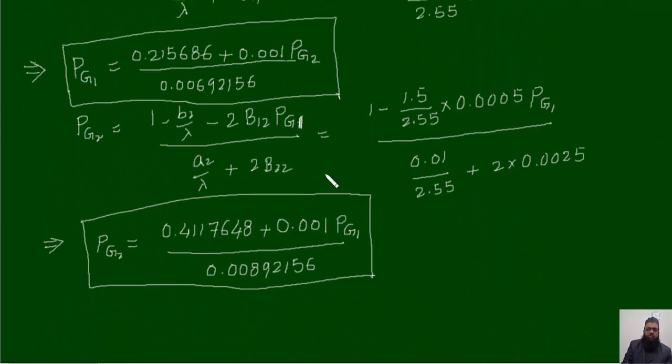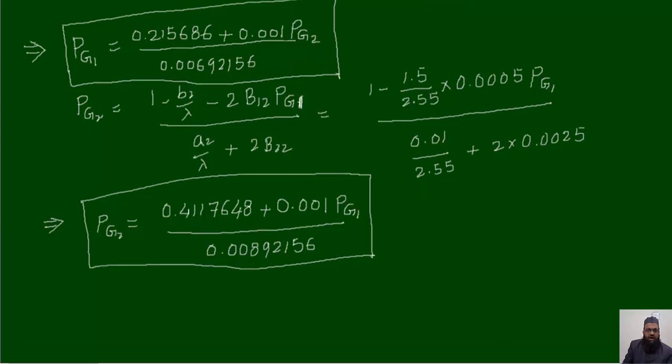So once you put Pg2 is equal to 105 megawatt, you will get value of Pg1, and that obtained value of Pg1 will be substituted here and we will evaluate Pg2. Again that evaluated value of Pg2 will be substituted here and we will evaluate Pg1, and so on. Again substitute here, obtain Pg2. So these two equations will be solved iteratively as already discussed in the steps of the previous lecture.